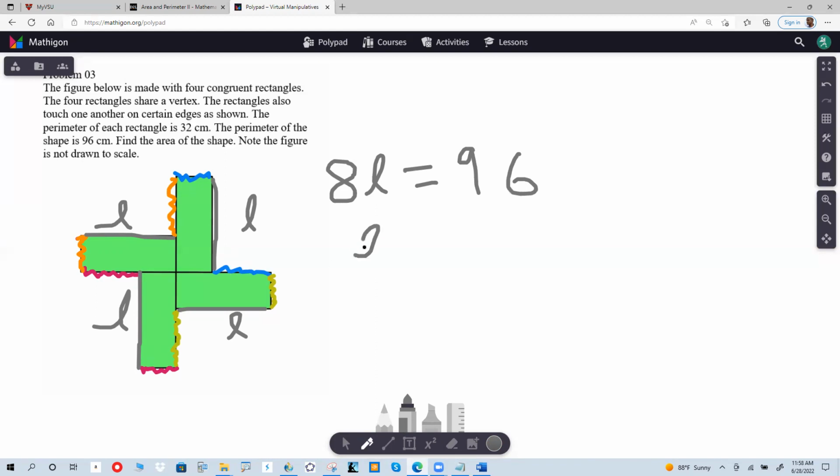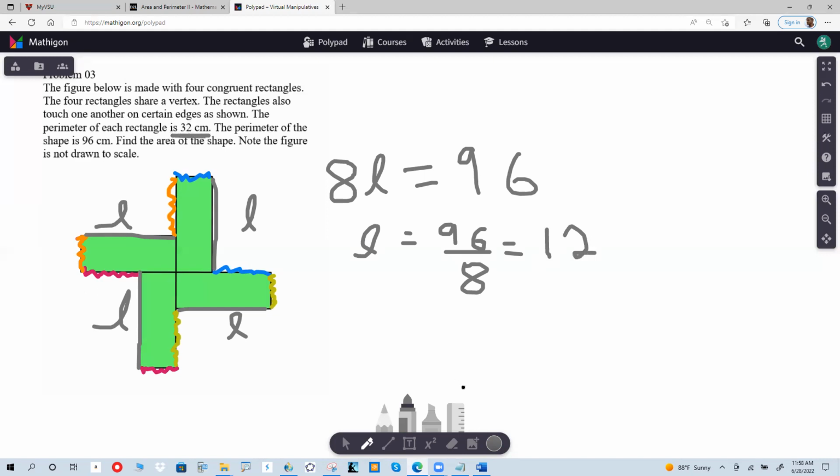So what's L? 96 divided by 8. I'm getting 12. So if the length is 12, take that same rectangle.